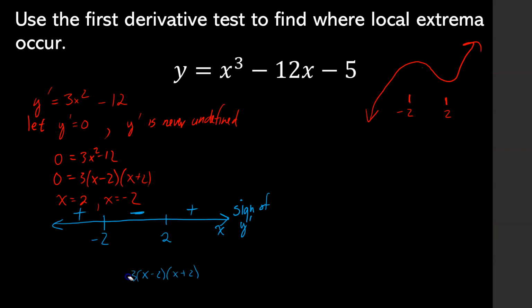I like to teach my students that underneath a sign chart for the first derivative, draw increasing and decreasing sorts of things. So, like this. Because I had a positive, I drew increasing, and this sort of represents approximately what the original graph, x cubed minus 12x minus 5, looks like.